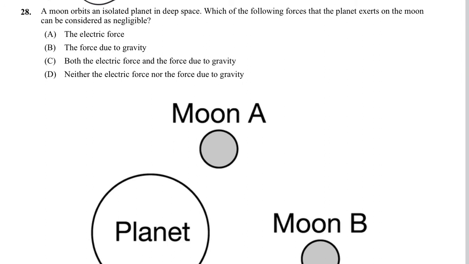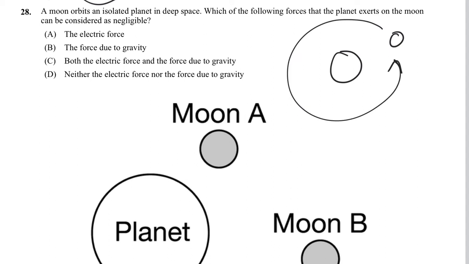Number 28, a moon orbits an isolated planet in deep space. Which of the following forces that the planet exerts on the moon can be considered negligible? We already know that gravity can't be neglected, so it can't be B or C. Gravity is what keeps this moon in orbit because gravity provides that centripetal force.